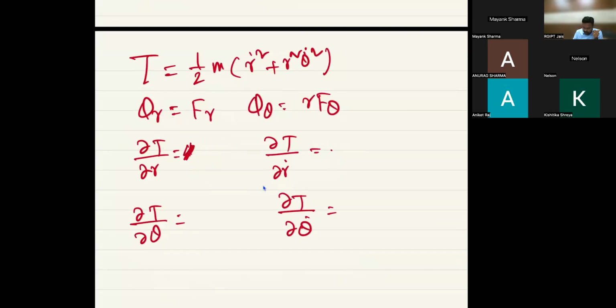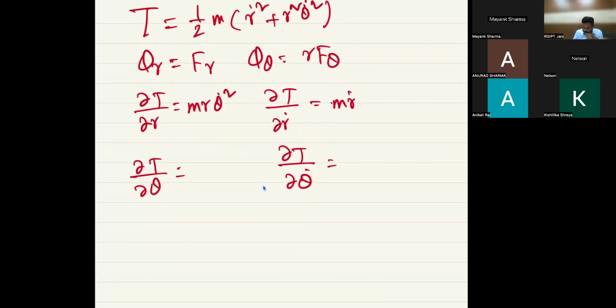Okay, so this will then be m r theta dot square for del T del r, and del T del r dot will be m r dot. Del T del theta is equal to 0, there is no theta dependence, and del T del theta dot will be m r square theta dot.